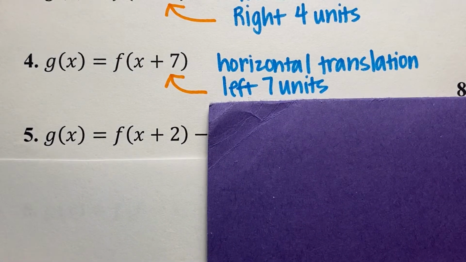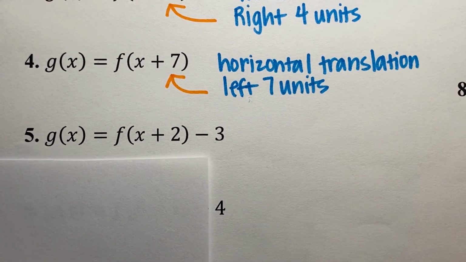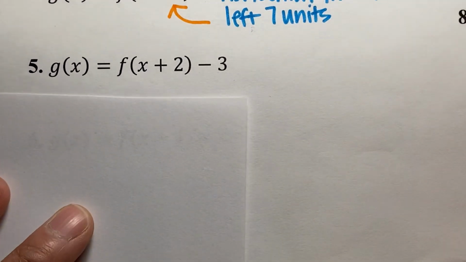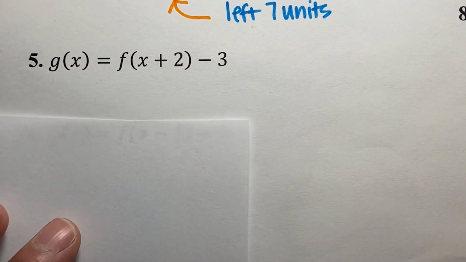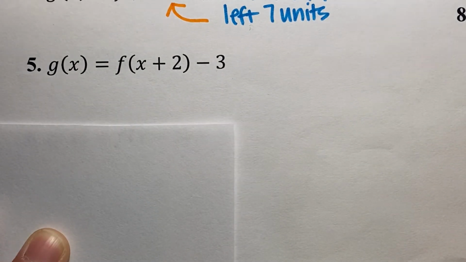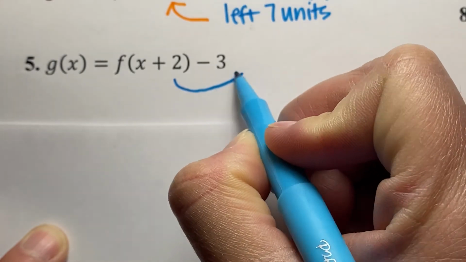In the last 2 examples, I'm going to go ahead and write it out because there is more than one transformation. So in example number 5, I'm going to go ahead and start from left to right when I apply my transformations. So it says g of x equals f of x plus 2 on the inside, minus 3 on the outside. So again, let's identify what the plus 2 on the inside tells me.